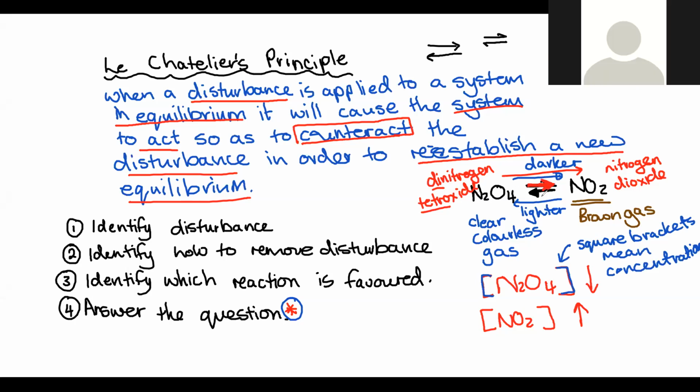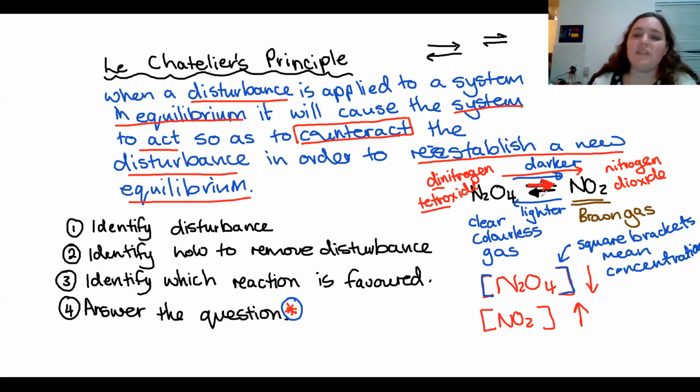If we use the word favored, it doesn't mean that the reverse reaction doesn't happen. It just means that more forward reaction happens than reverse reaction. So more starting material will turn into product than product will turn back into starting material. As soon as we're talking about favored, we're not saying that one doesn't happen and the other one does. We're saying that both happen, but one happens more. Okay? The word favored is vitally important in this section.